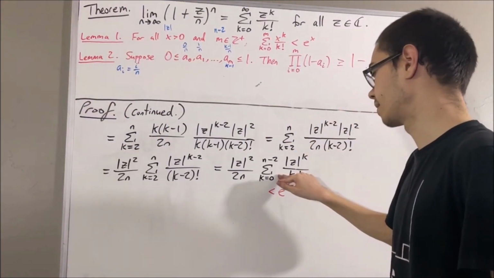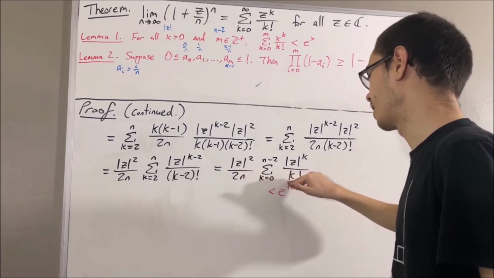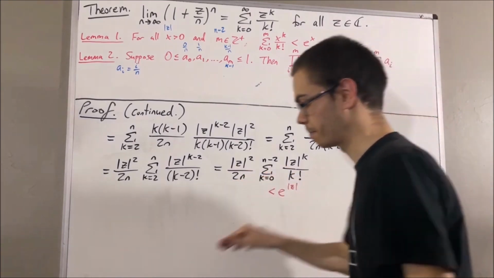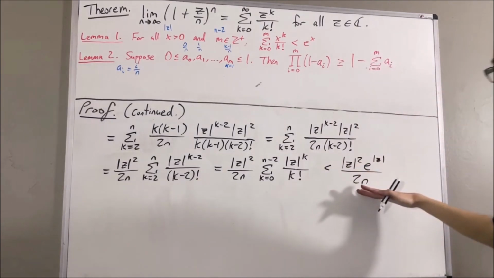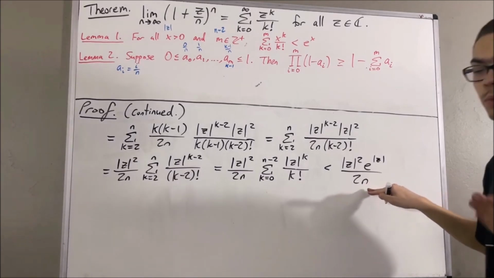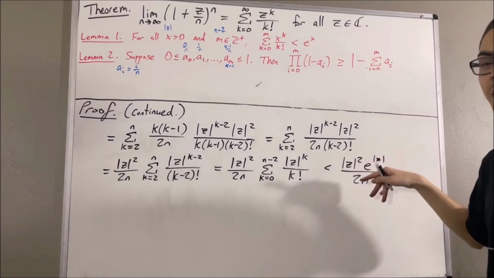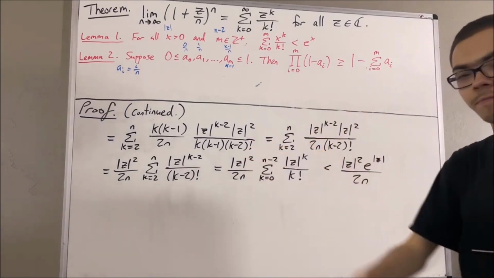And since this is less than e to the power of absolute value of z, it follows that this is less than this times e to the power of absolute value of z. So we get this. But then we see, if we were to let n approach infinity, this quantity would essentially become 0.